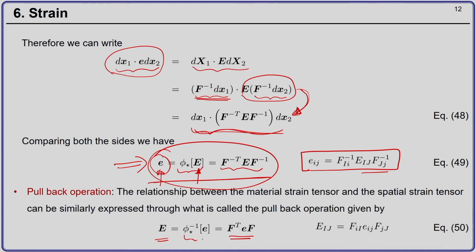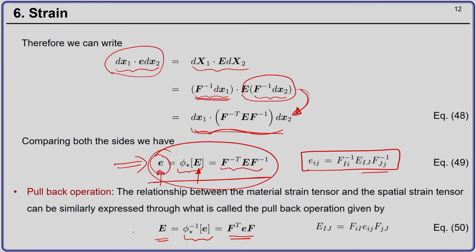So, this is phi star inverse E. This means the pullback of the Euler-Almansi strain tensor will give you the Green-Lagrange strain tensor, and the way this operation is carried out is F transpose E F. So, if you have the Euler-Almansi strain tensor and you want to pull it back to the initial configuration, where you will get the Green-Lagrange strain tensor.